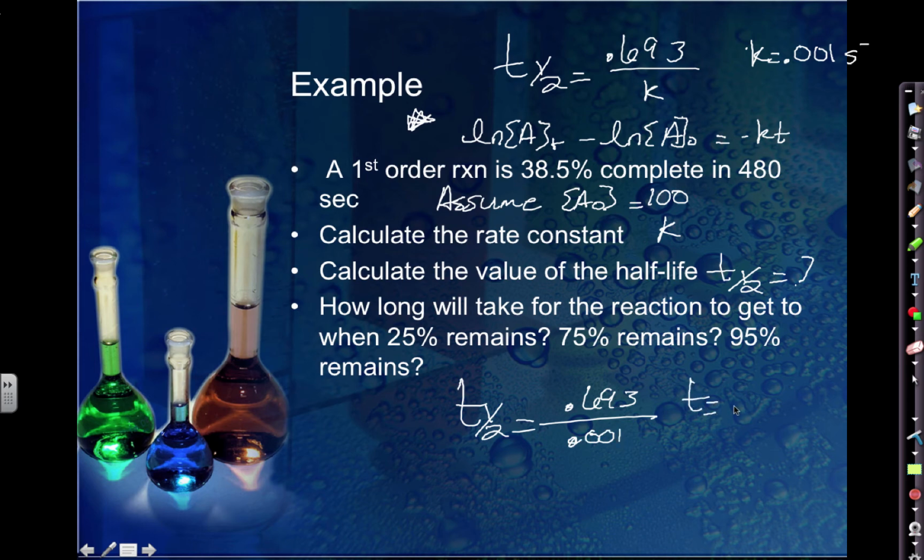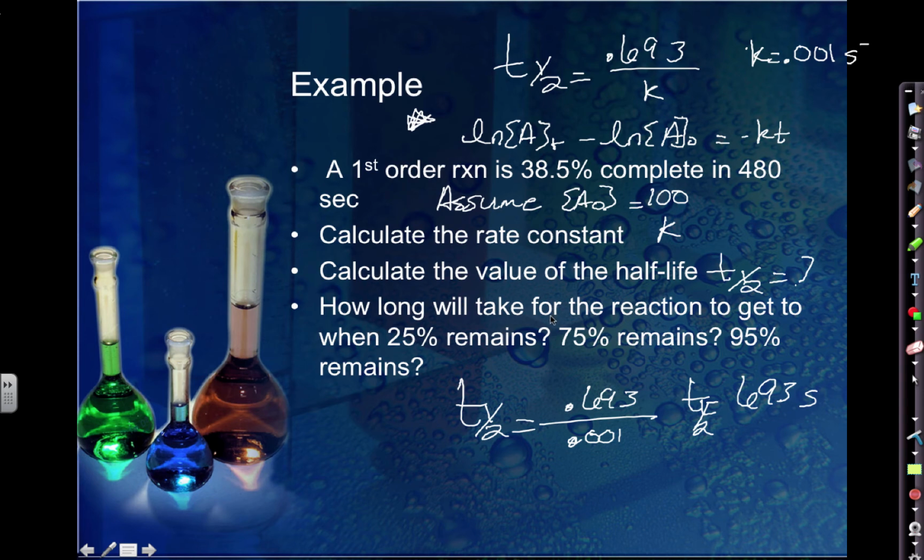So just plug it in and get your half-life, and we'll get 693 seconds. That means that it takes 693 seconds for half of the substance to decay. So if I started with 100 grams, at 693 seconds I would only have 50 grams. If 2 half-lives have gone by, so about 1358 seconds, I would only have 25 grams because that's half of 50.